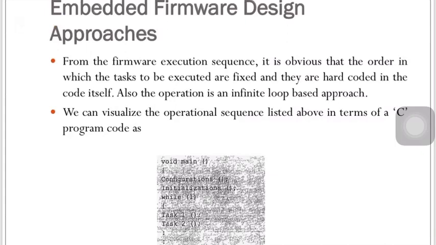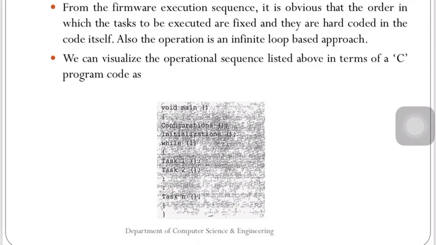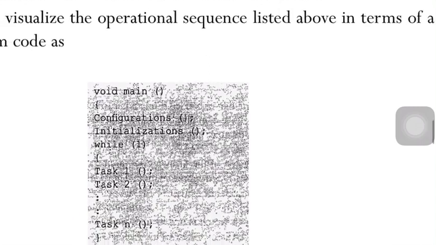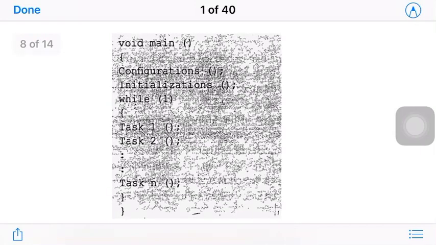Which task goes first, which task goes next, we have already written properly in the code, and it is going to execute accordingly. In simple C language, it is written as: initially main, then configuration and initialization, then while 1, then task 1, task 2, task 3 up to task n, and again it goes back to task 1. This is how a super loop can be written.